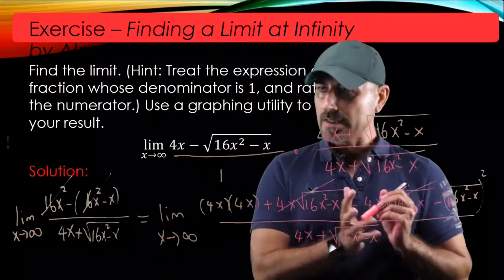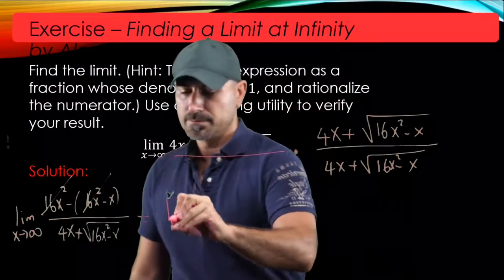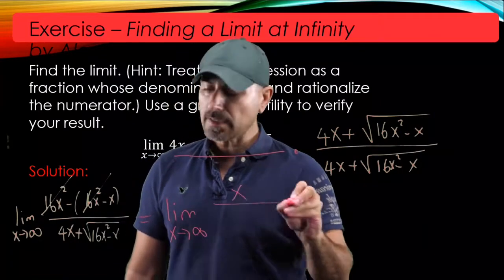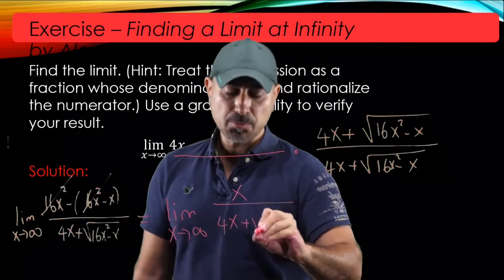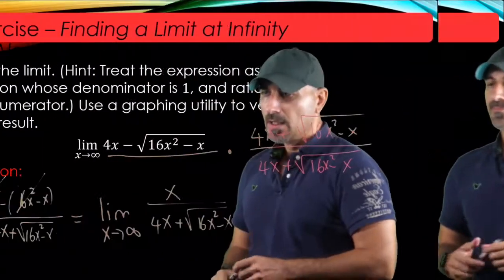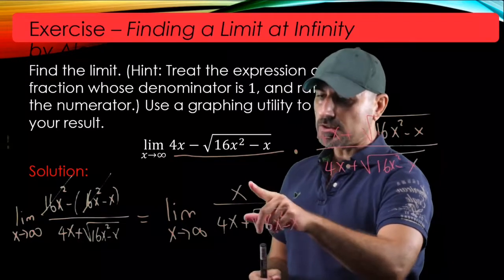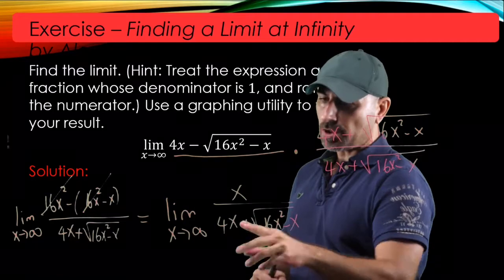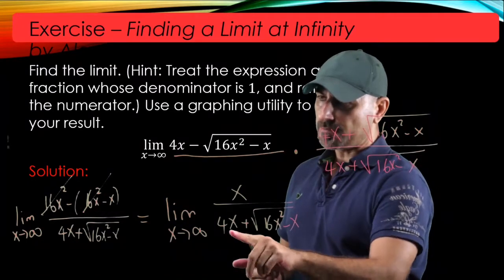Let me just clean this and see what's going on. All right, after the cancellation, we have x at the top. We have 4x plus the radical 16x squared minus x at the bottom. Well, x approaches infinity, so the top is going to approach infinity. That's fine. And in the bottom, we have an x term and a radical term. So this approaches infinity.